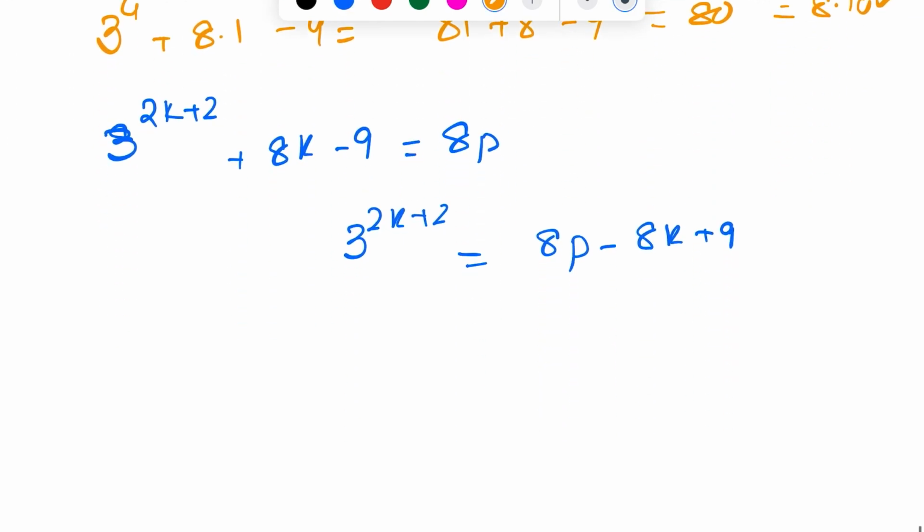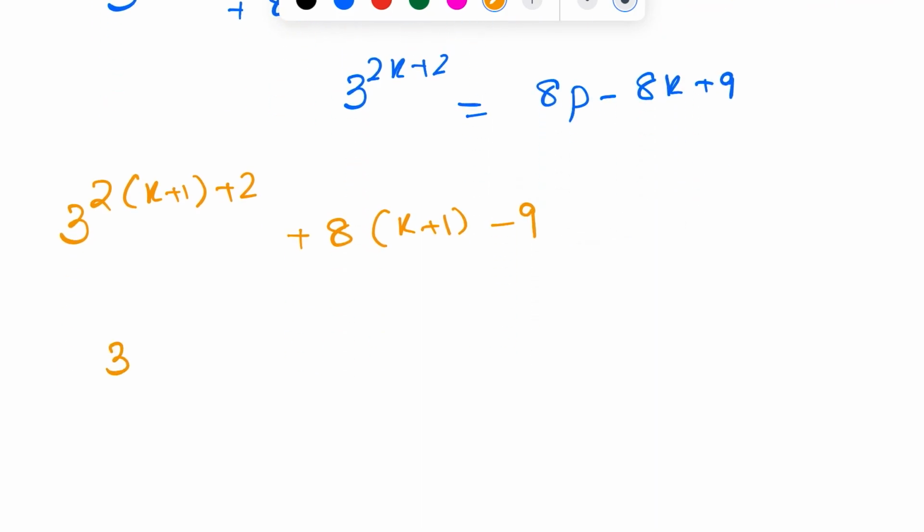We have to prove that it is true for n equals to k plus 1. 3 power 2 times k plus 1 plus 2 plus 8 times k plus 1 minus 9. So it becomes 3 power 2k plus 2 plus 2 plus 8k plus 8 minus 9.